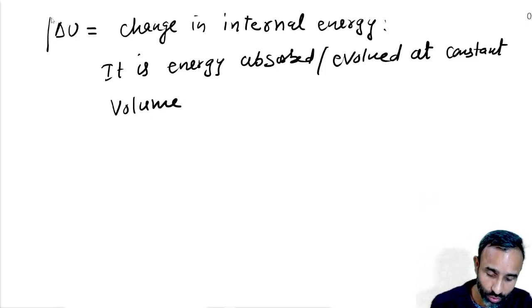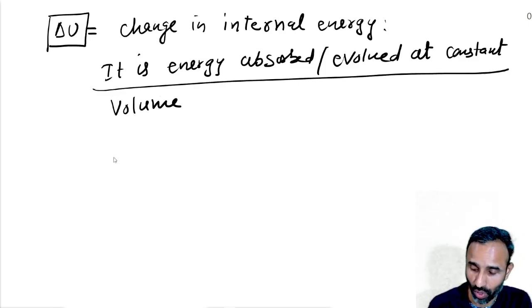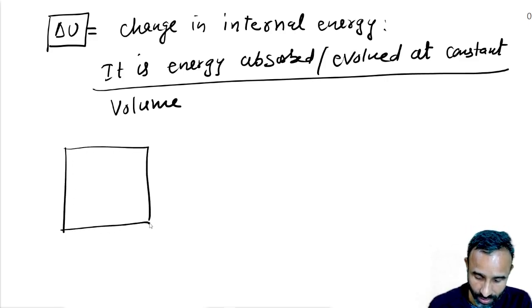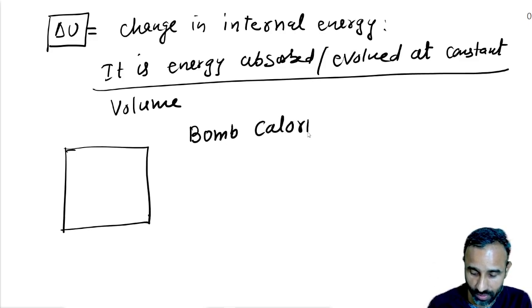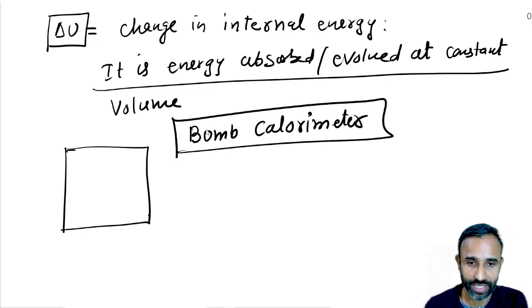So delta U is heat absorbed or evolved at constant volume, which means whenever we have a closed system whose volume is fixed, then the heat absorbed or evolved in that system is called delta U. And the best example is the bomb calorimeter. Bomb calorimeter is used to measure delta U.